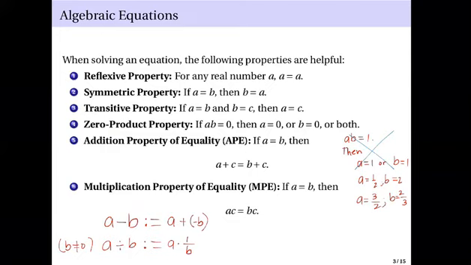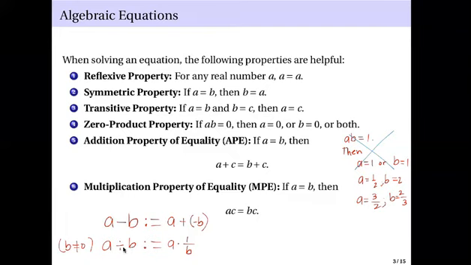You get 1, the reciprocal of 1 is also 1. You get 2, the reciprocal of 2 is 1/2. You get 1/2, the reciprocal of 1/2 is 1 over 1/2, and that's equal to 2. So you can always get that.